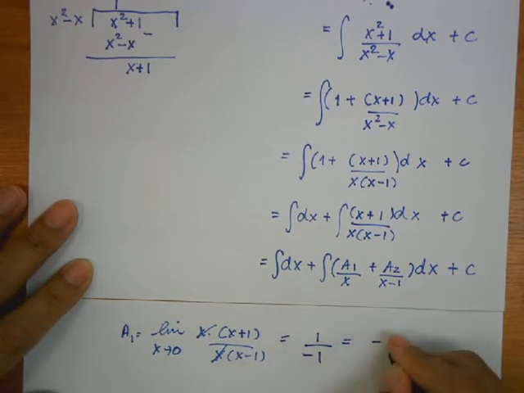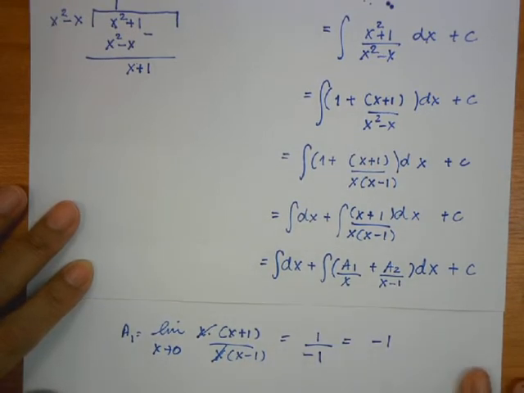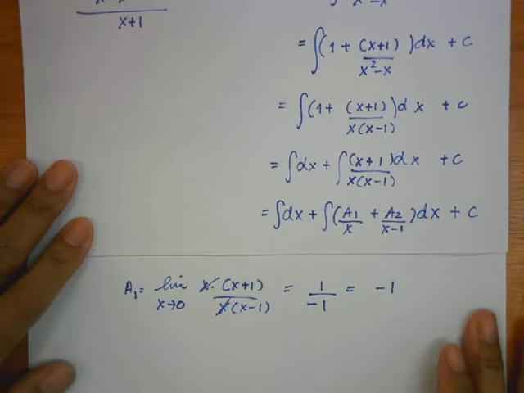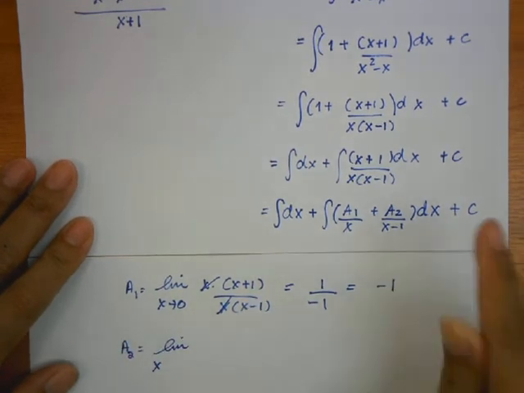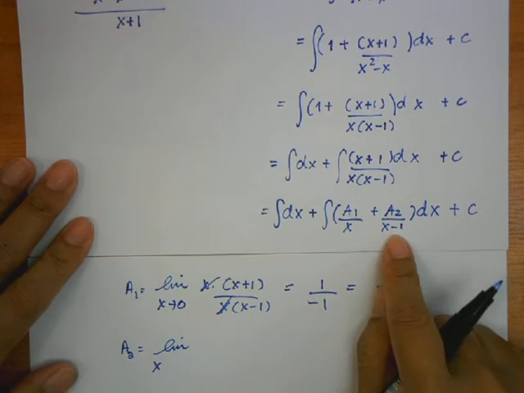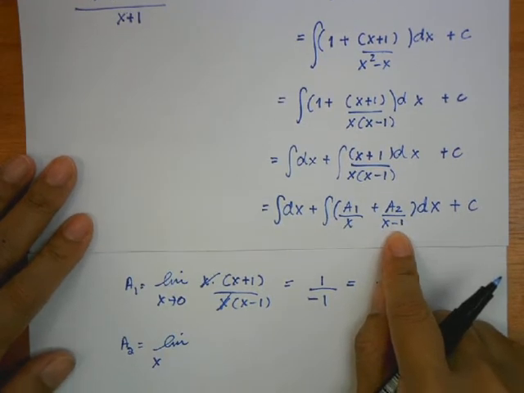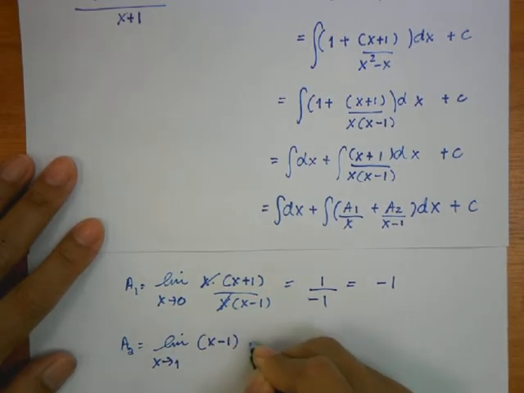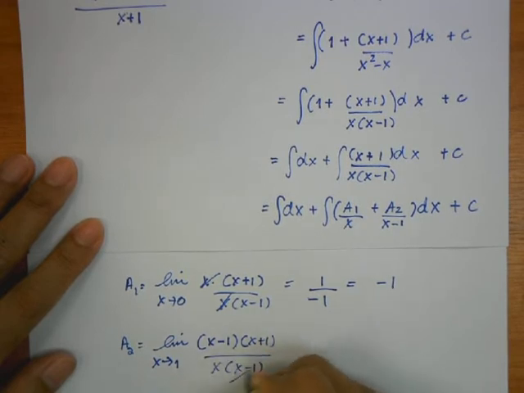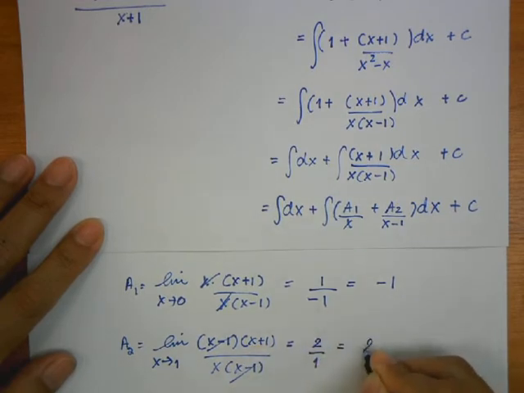So a1 is equal to minus 1. Now for a2, x goes to 1. You have x minus 1 here times x plus 1 divided by x times x minus 1. You plug x equal to 1 there, you get 2 over 1, which is equal to 2.